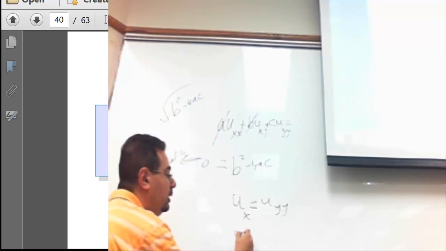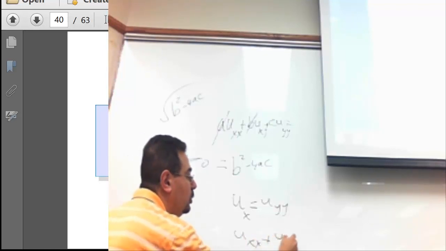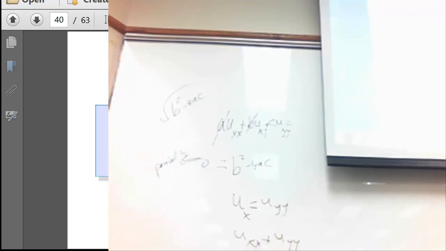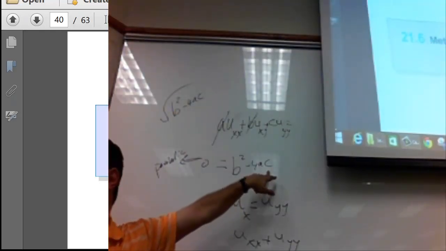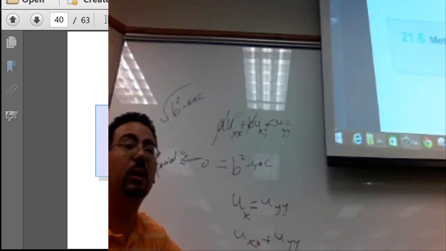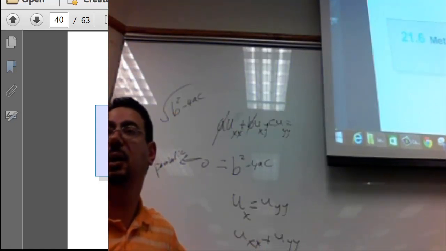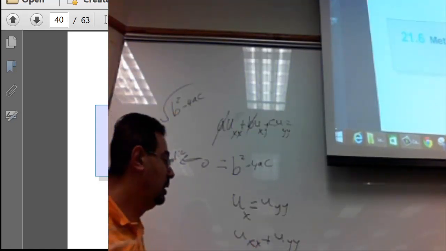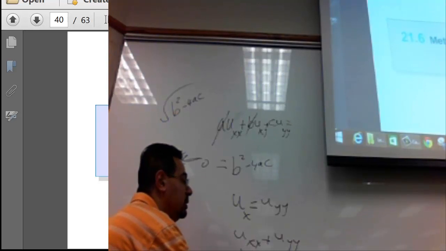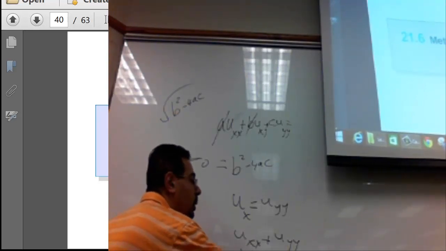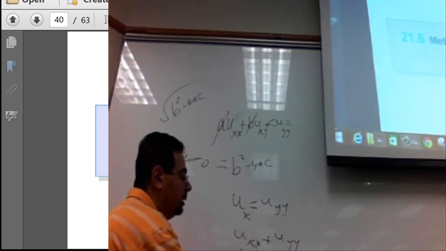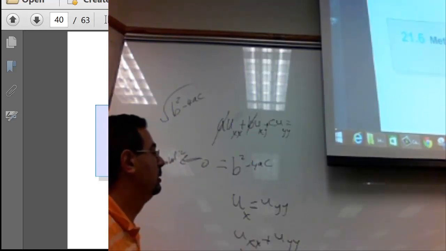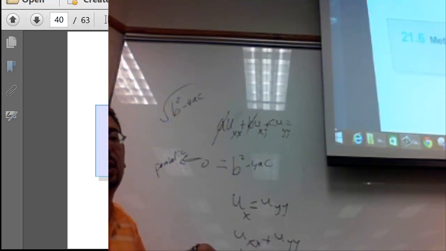For the elliptic one, uxx plus uyy, the b is 0, and the 4ac is positive because it's 1 and 1, so the expression is negative. That's the elliptic. The hyperbolic is when it's uxx equal uyy, or minus uyy, equal something. So it's the sign of this number.